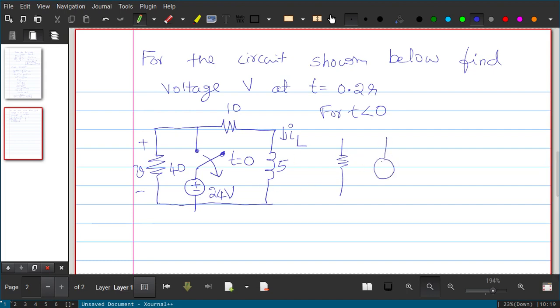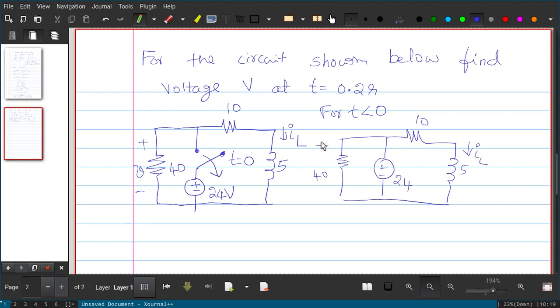So we will write like this: this is 24, this is 40, this is 10, this is 5, and this is IL, and we have voltage V here. This is for t less than 0.